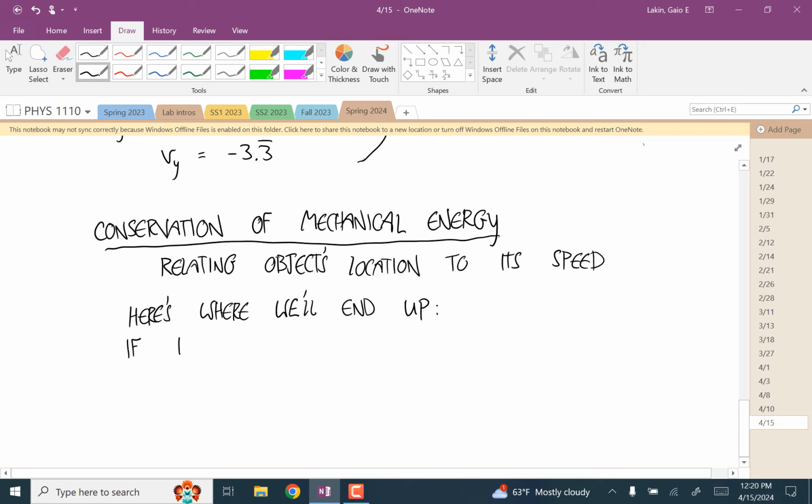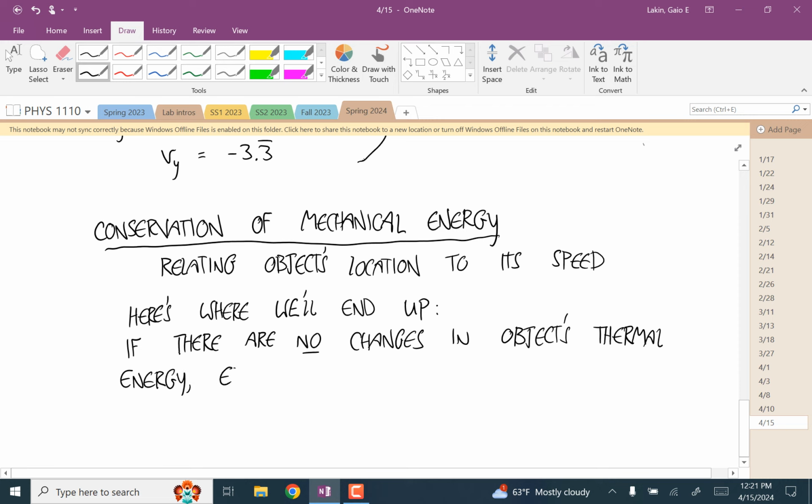If there are no changes in an object's thermal energy, electrical energy, magnetic energy, okay, so there are all these ways that an object's energy can change.